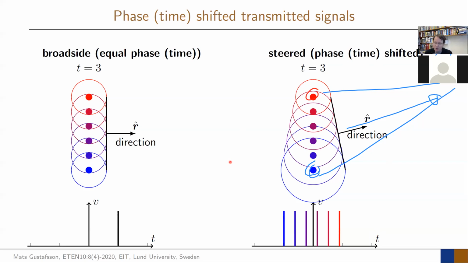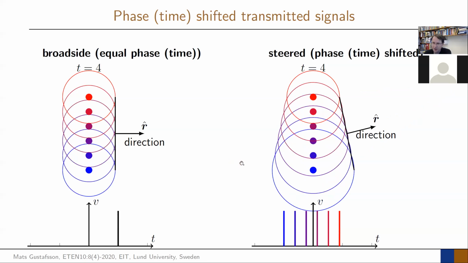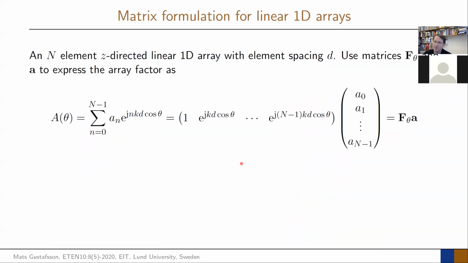Then we will learn a formula that tells you how to do this. The formula is of course important, but the basic understanding is even more important. This is how you control the direction of your radiation in some ways. So if I just move on here in time, you see it propagates in different directions.